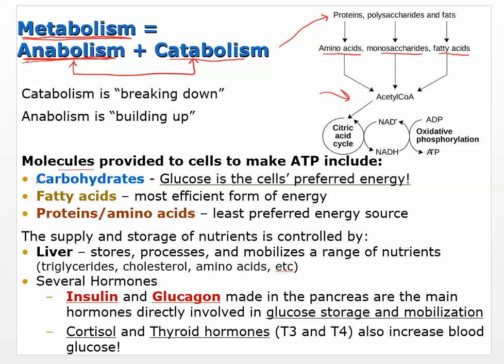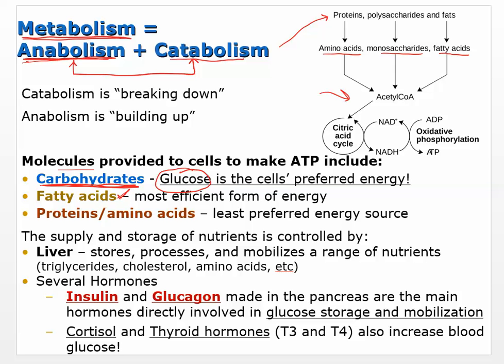So carbohydrates are the favorite. Okay, so that is what your body is really set up to do. The cells and the mitochondria are set up to use glucose, and so glucose is the cell's preferred energy. Now, if you're low on glucose, which can happen, then you can use fatty acids. So it happens all the time.